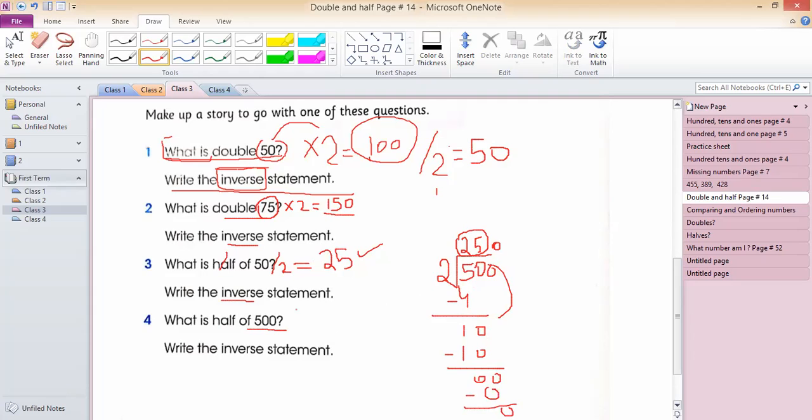The half of 500 is 250. And then again you find the inverse, so you will get 500 again. So in the topic double and half, is everything clear to you guys? Yes, sir. That's very good.